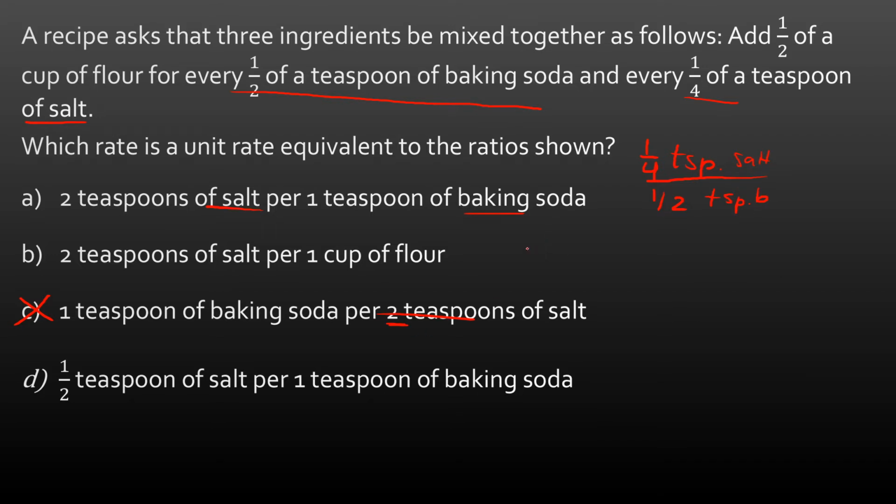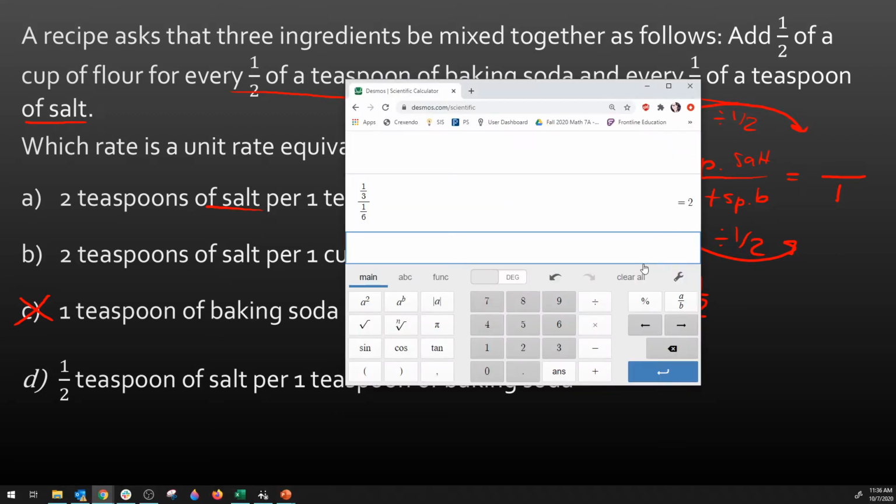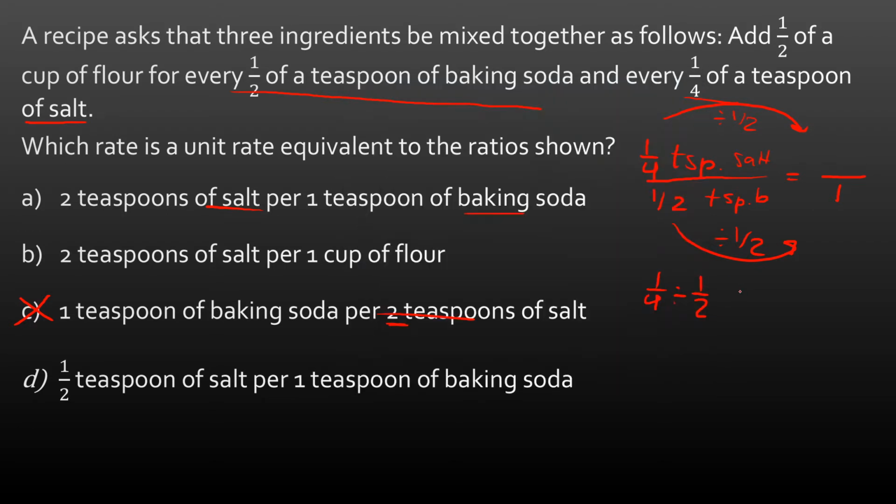So one thing I want to tell you here is I want to know for every 1. So that means I'm going to divide top and bottom by 1/2. Which means to get my answer, I'm going to be doing 1/4 divided by 1/2. And if I type that into my calculator, I get 0.5.